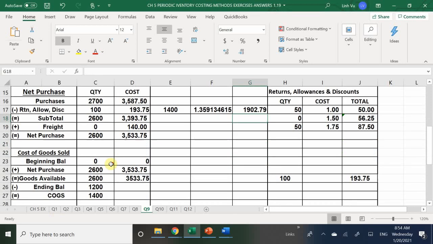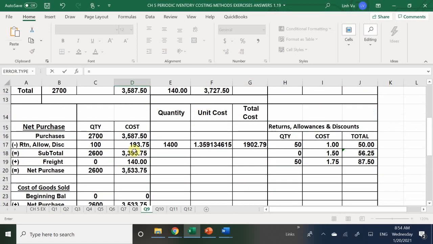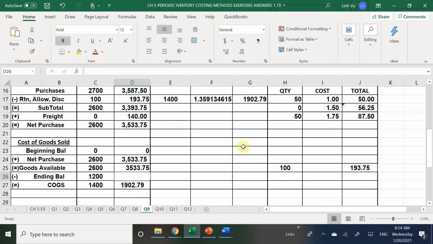All right, and I'm going to plug that number in right here. And that leaves my ending balance to be 1630.96.